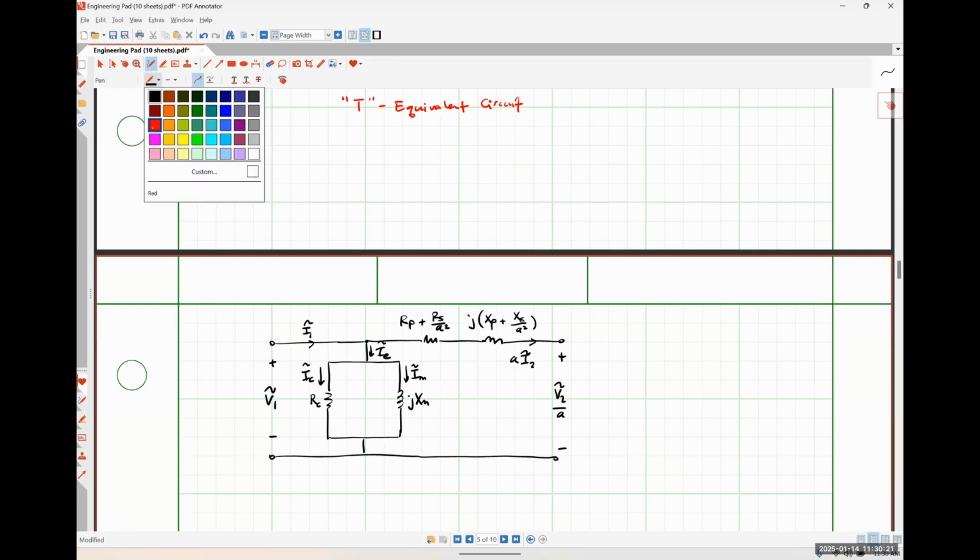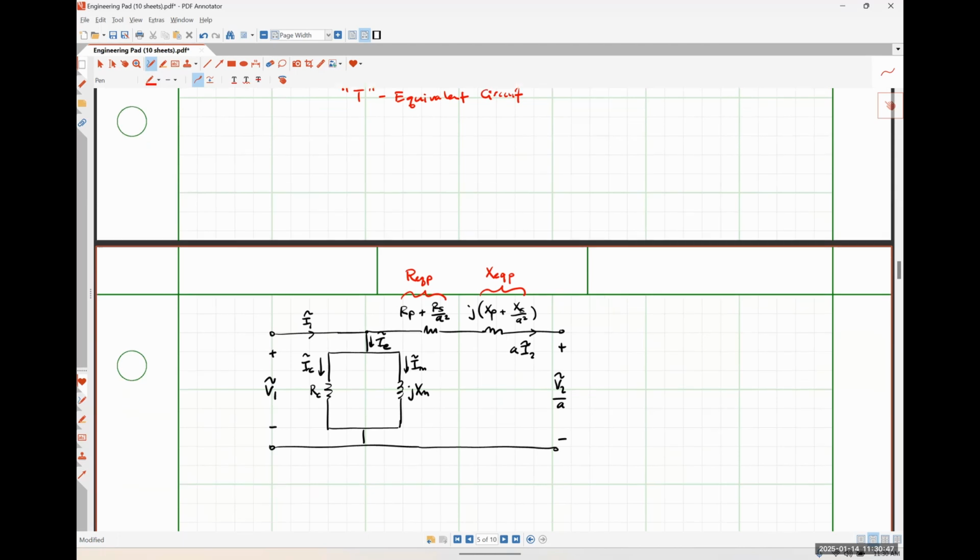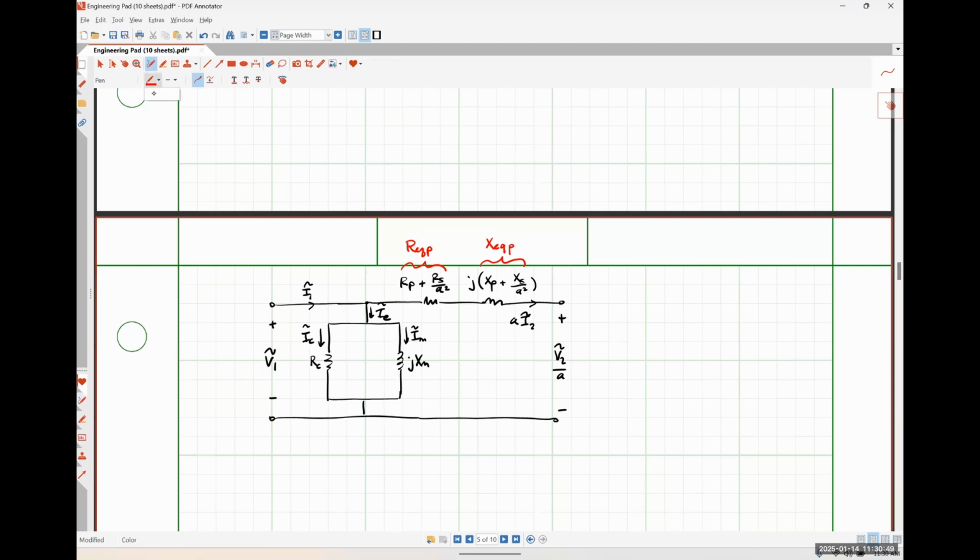We might lump these things together and call them the equivalent primary resistance. And we might lump these together and call them the equivalent primary reactance, which is what that P subscript stands for. We could, if we were so inclined, so this is one cantilever equivalent circuit.